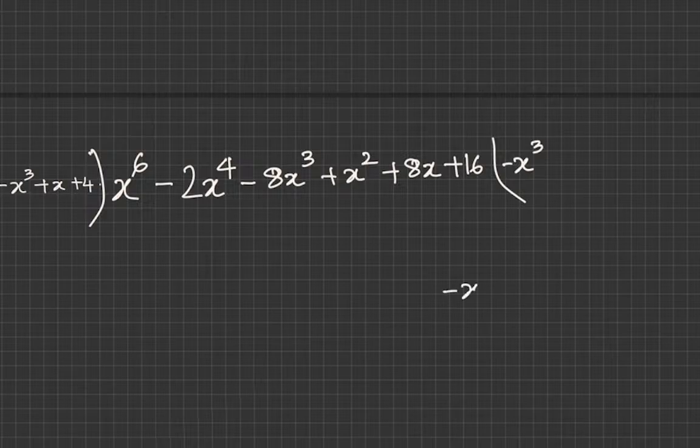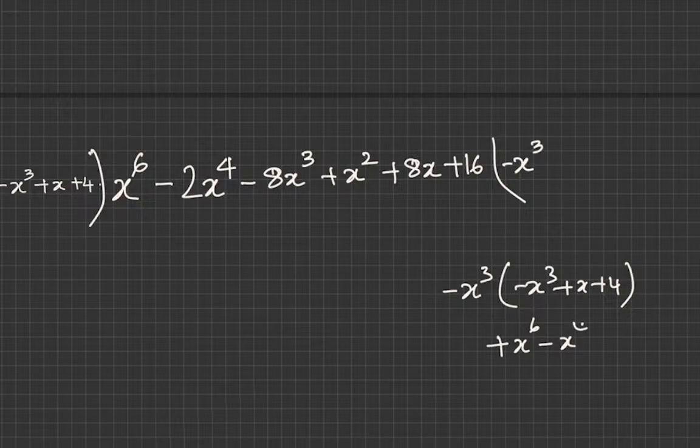So I have negative x to the power 3 times negative x to the power 3 plus x plus 4, right? So negative x to the power 3 times negative x to the power 3 will be positive x to the power 6, negative x to the power 4, and negative 4x to the power 3. This is what I get.